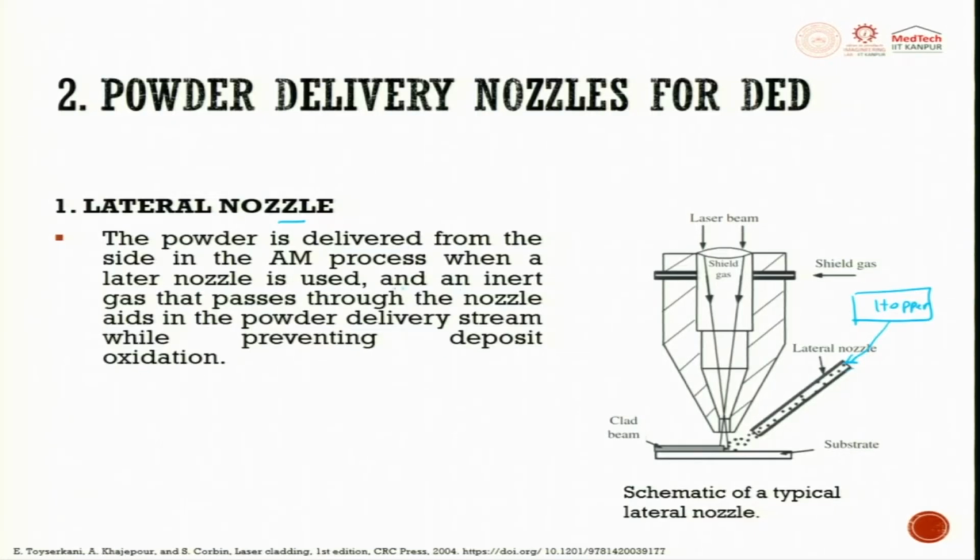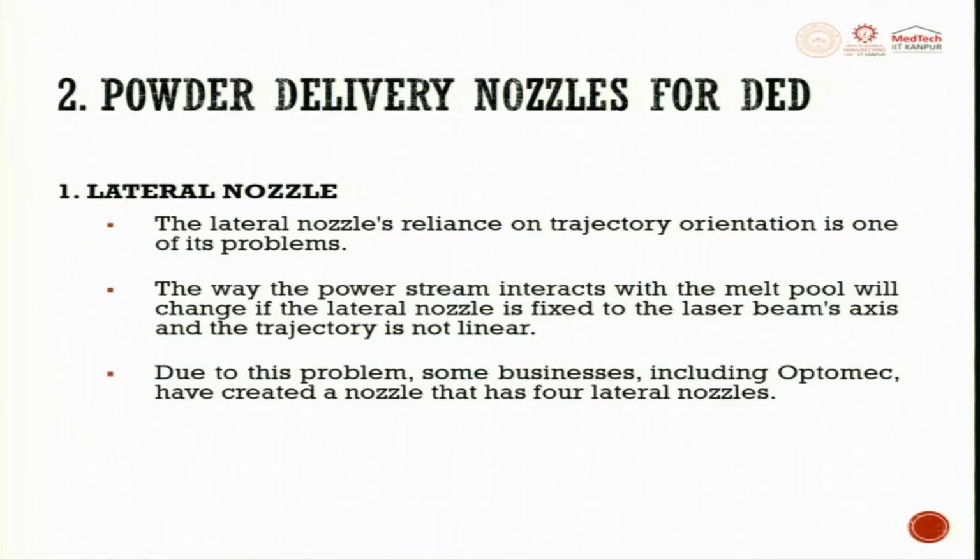So, here it will be two flows. One is the flow of metal powder, and this will be driven by a gas. This gas tries to prevent oxidation happening at the laser matter interaction.